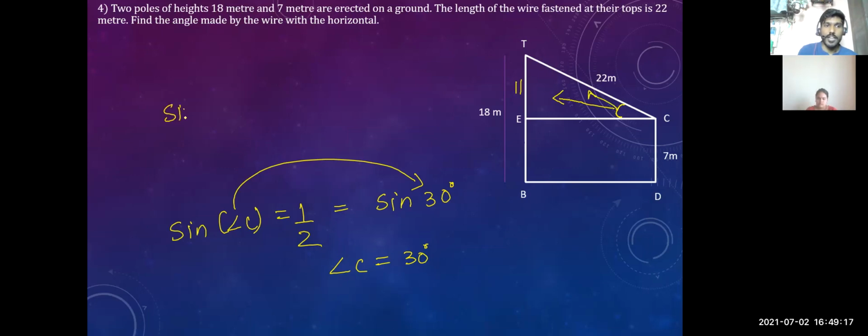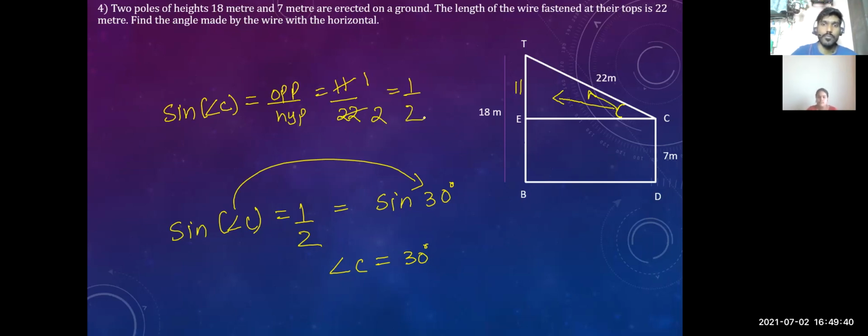So sine of angle C is opposite upon hypotenuse. Opposite is 11 and hypotenuse is 22. Reduce this fraction: 11 ones are 11, 11 twos are 22. That is how you get 1 upon 2. Done.